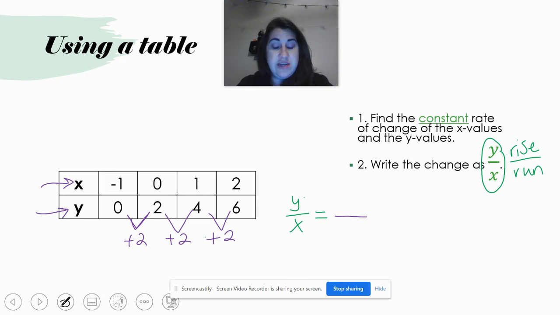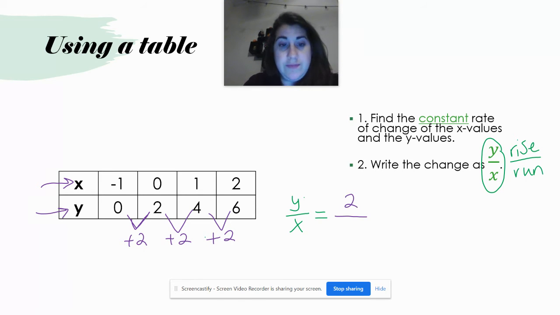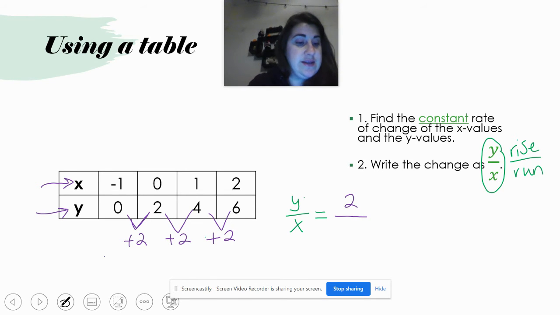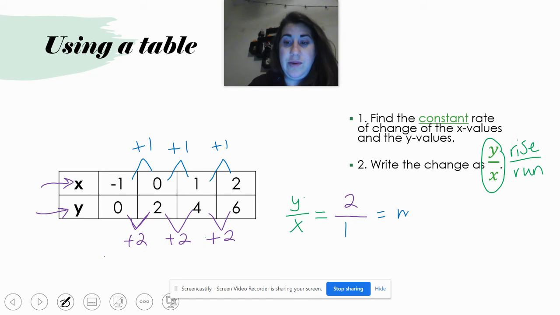So what's my change in y? 2. Now let's go to the x's. From -1 to 0, I'm adding 1. From 0 to 1, I'm adding 1. From 1 to 2, I'm adding 1. So my change in x is 1. So my slope is going to be 2 over 1, or 2.